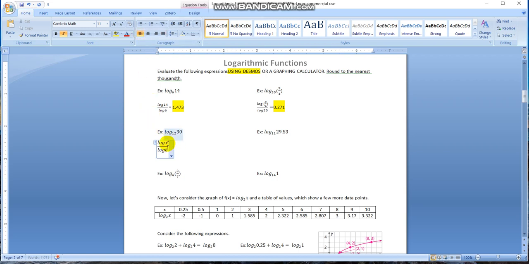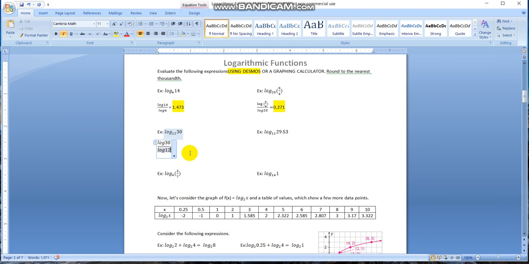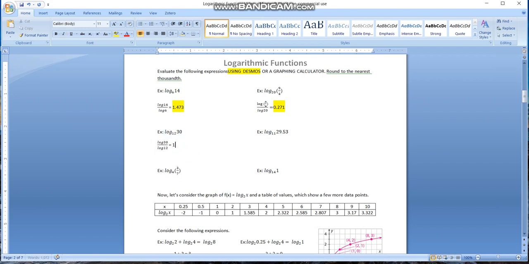It's the same thing as log of 30 divided by log of 12. If you type into decimals log of 30 divided by log of 12, this is going to be 1.369.